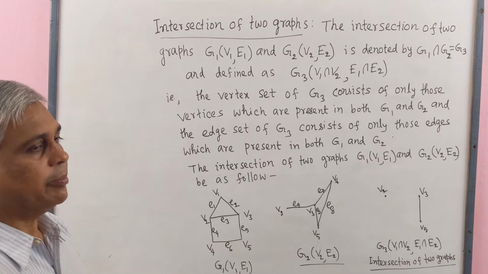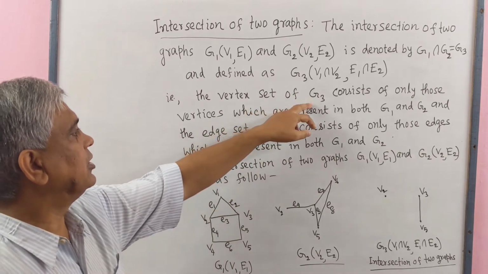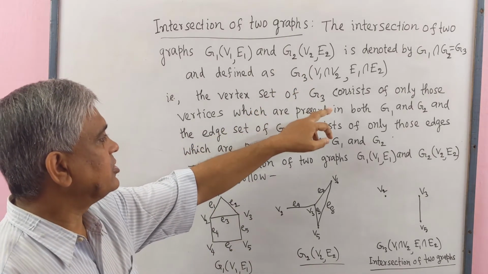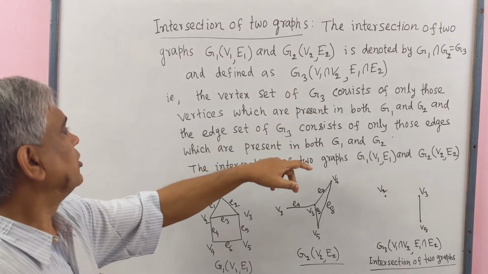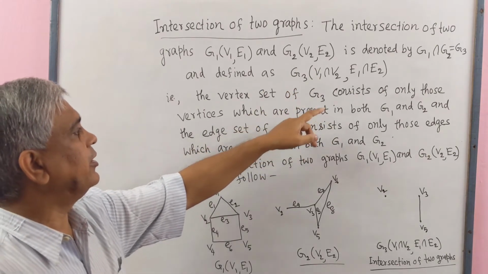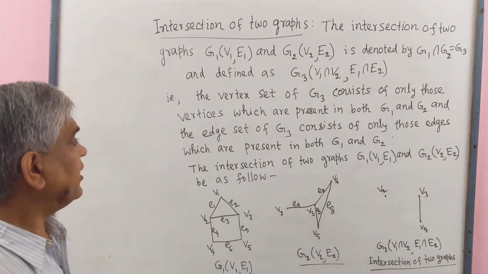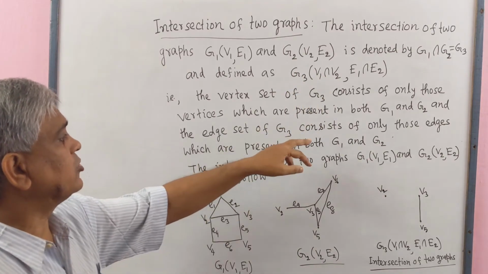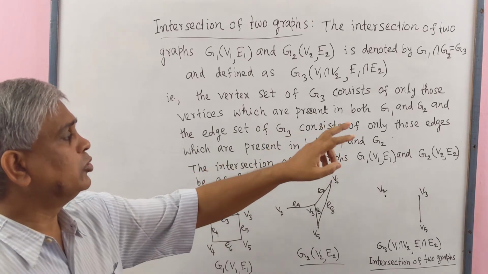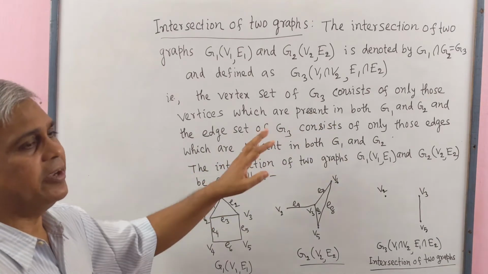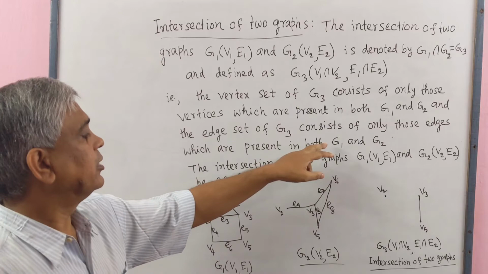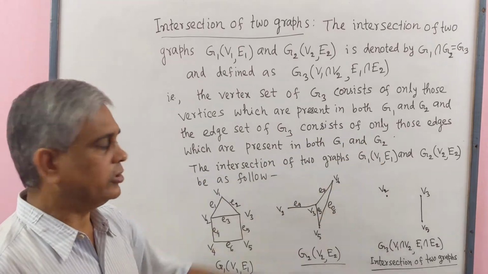That is, the vertex set of G3 consists of only those vertices which are present in both G1 and G2. And the edge set of G3 consists of only those edges which are present in both G1 and G2.